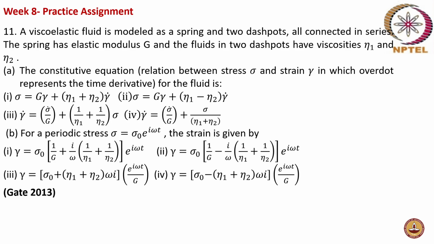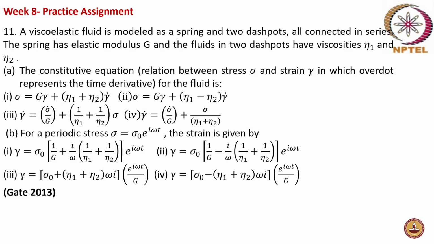Is it stress is equal to G into gamma plus eta 1 plus eta 2 into gamma dot, or stress is equal to G into gamma plus eta 1 minus eta 2 into gamma dot, or gamma dot is equal to sigma dot, the time derivative of stress, by G plus 1 by eta 1 plus 1 by eta 2 into sigma, or gamma dot is equal to sigma dot by G plus sigma by eta 1 plus eta 2? Which of these options is right?